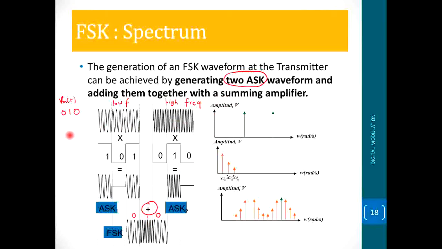Okay, this is in the time domain. For the frequency domain, we have two frequencies, omega 1 and omega 2, because for the FSK there are two frequencies.